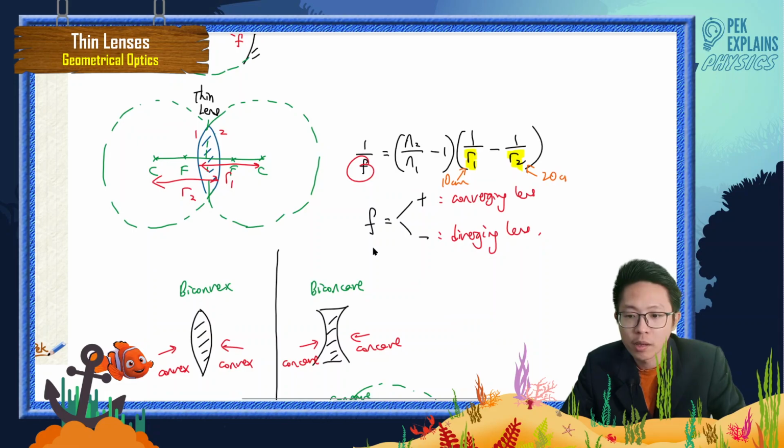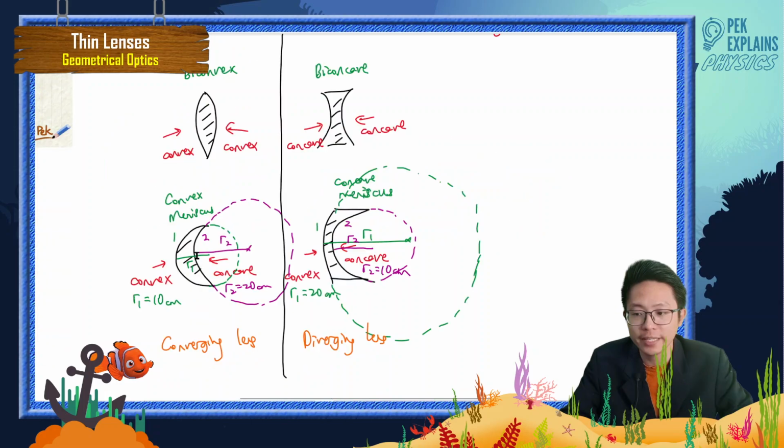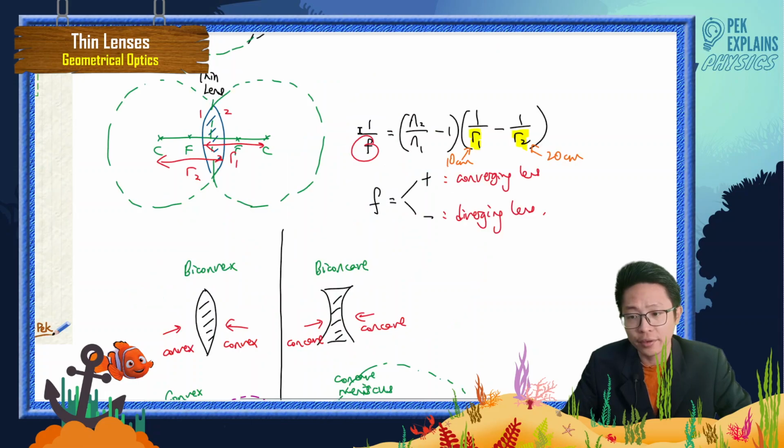Then I also put the refractive index. I will talk about this later on. Then I can calculate the focal length of this convex meniscus. So if I use this equation, I will end up either F is positive or F is negative. Either converging or diverging.